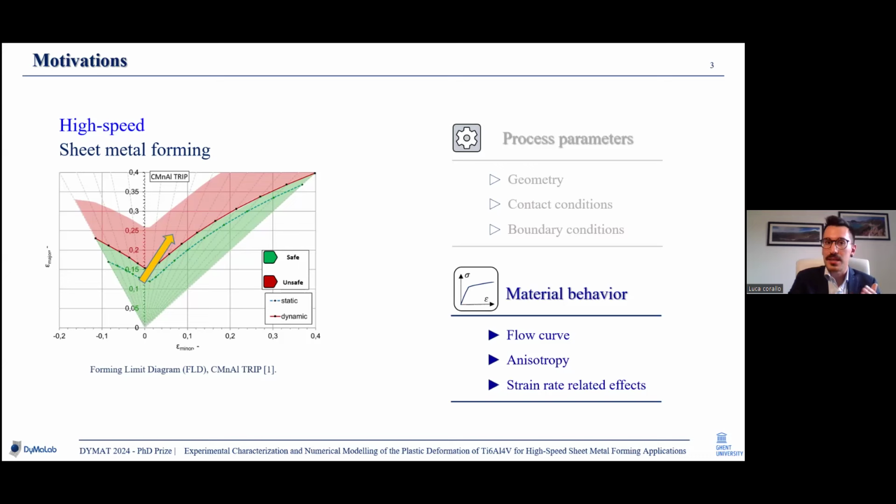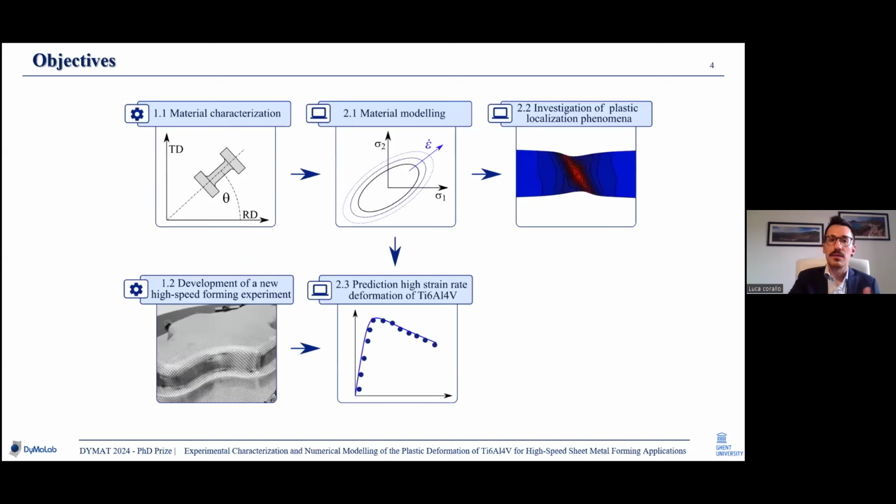The way I addressed this main objective is through the following objectives: material characterization, development of a novel high-speed forming experiment, material modeling, investigation of the plastic strain localization phenomena, extremely important for forming, and prediction of the high strain rate deformation of Ti6Al4V.